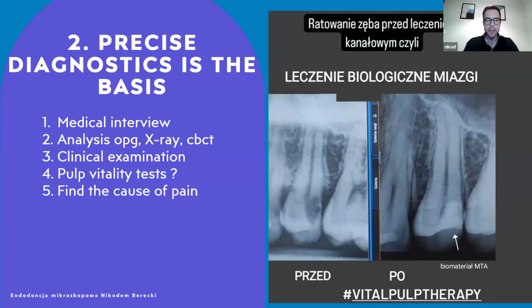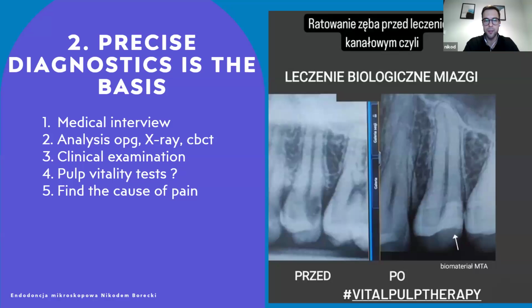So my diagnosis was reversible pulpitis. I tried to do vital pulp therapy, and I did, like you can see in the picture, I put MTA, I did indirect pulp capping, and after 1 month, the pain was gone.